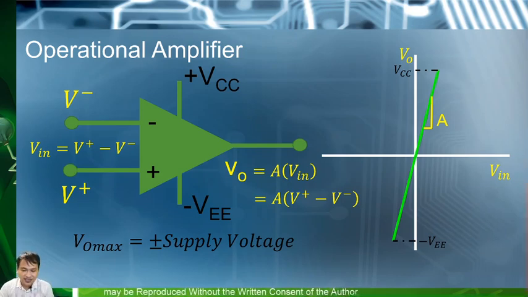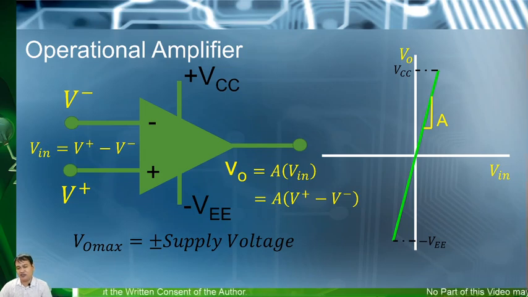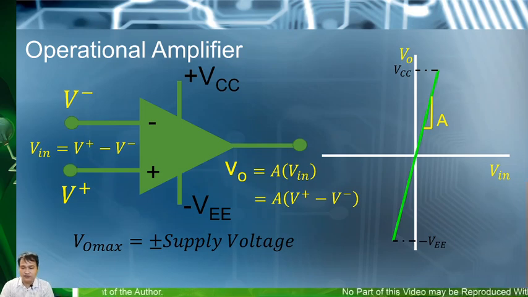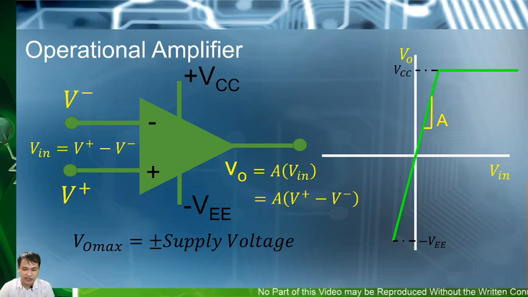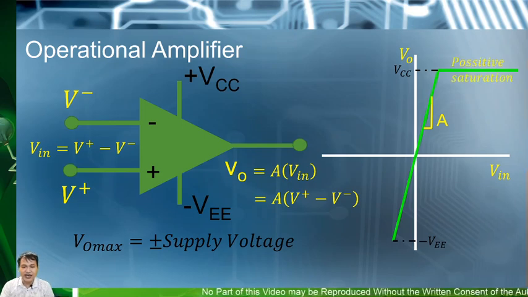When it exceeds that, it becomes saturated, and we call this the saturation region. When V out goes above the positive supply, it will become a flat line, and we call this positive saturation.